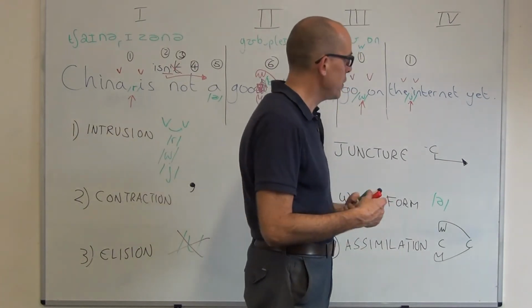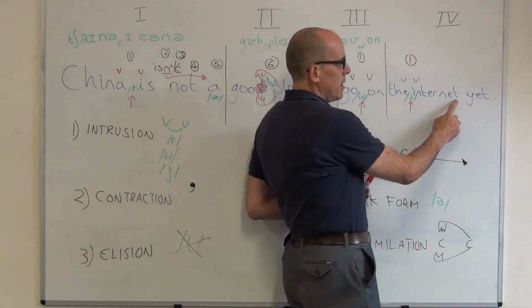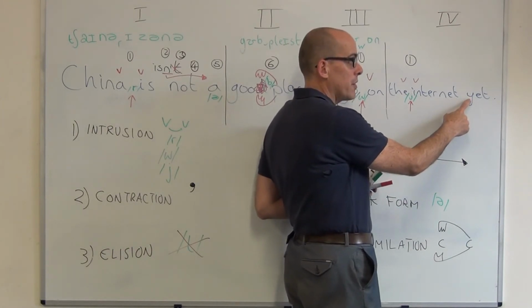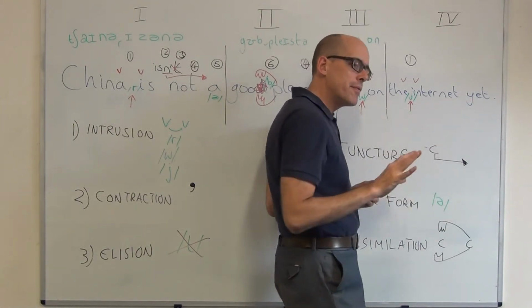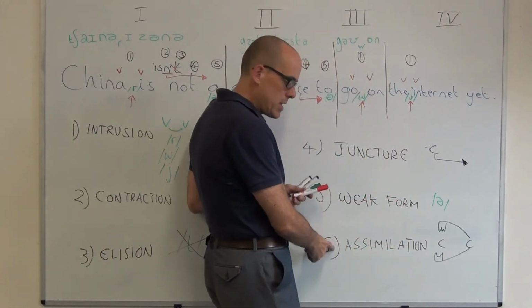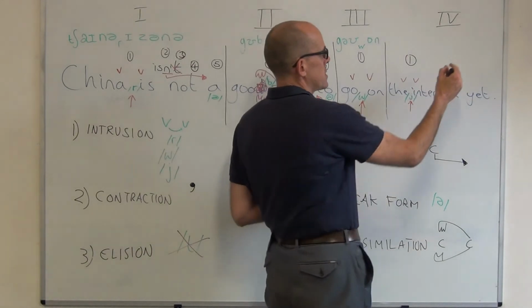So, let's have a look. Here we have a consonant, and here we have a semi-vowel. It's a very weak consonant. It's assimilation, but a special kind of assimilation.